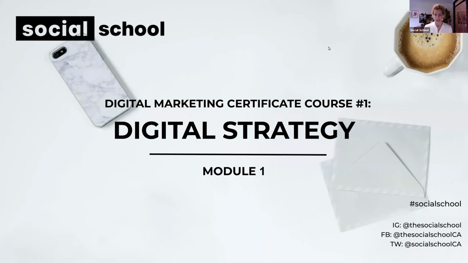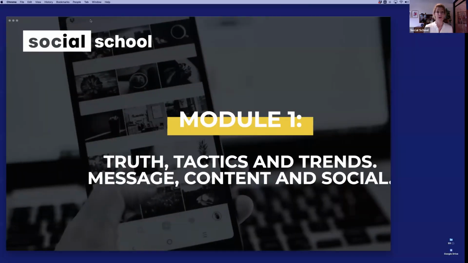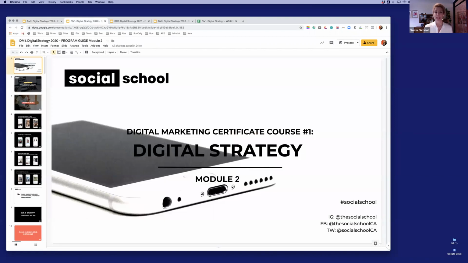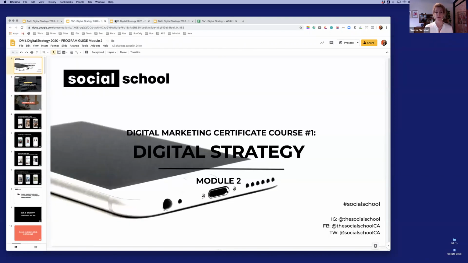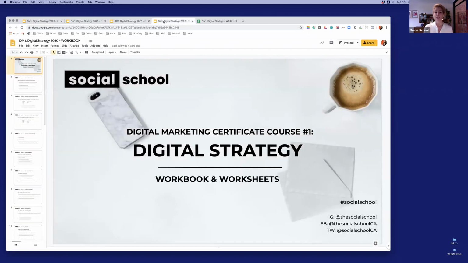So before I begin with module 1, I do just want to show you something, oops, wrong slide. When we have our module 1, module 2 PDFs, which are available, of course, for download for you in your dashboard, you also have your workbook. So you're going to see this throughout our digital marketing courses, including this one, course number 1.